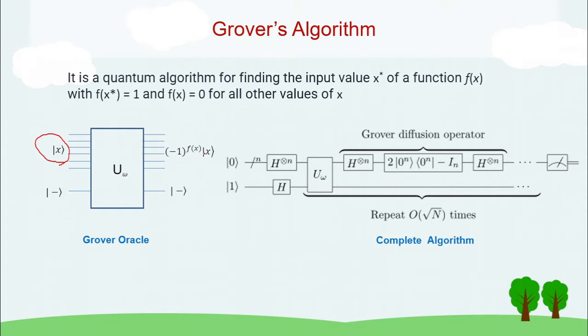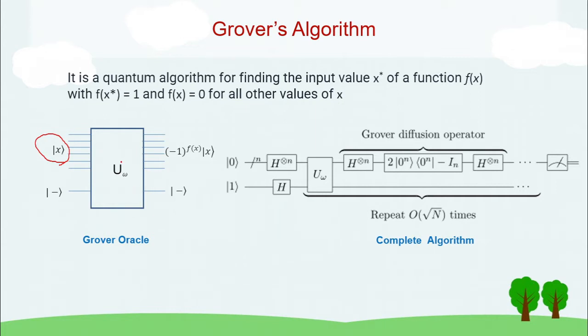So that is what happens. That is, out of all x states, the one we are interested in will have a phase added. For all other states, f of x will be 0 and nothing happens to the phase, and these states will come out as they are. And that is done by the trick called phase kickback.